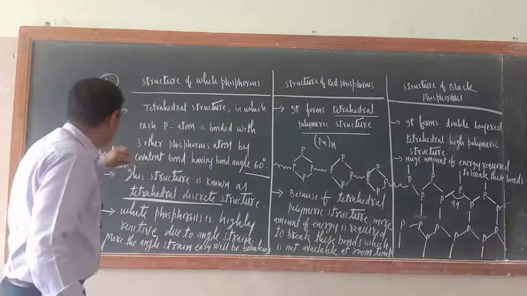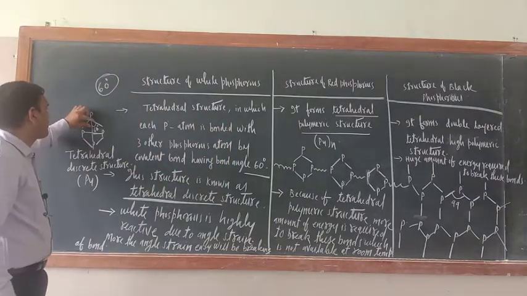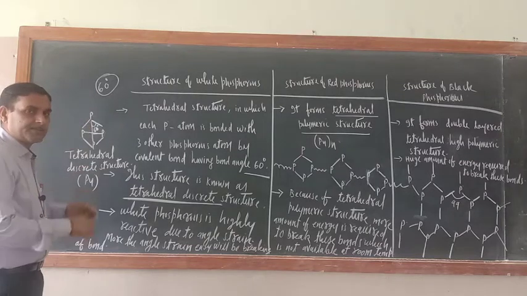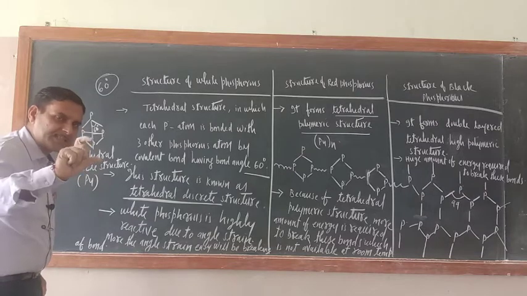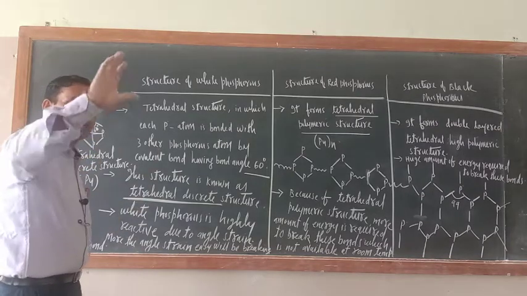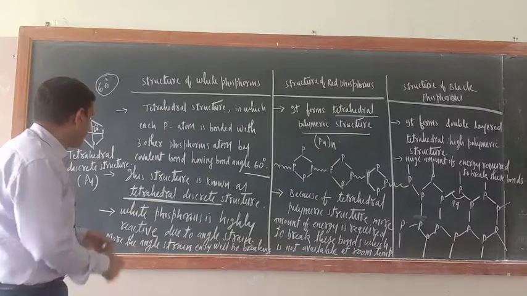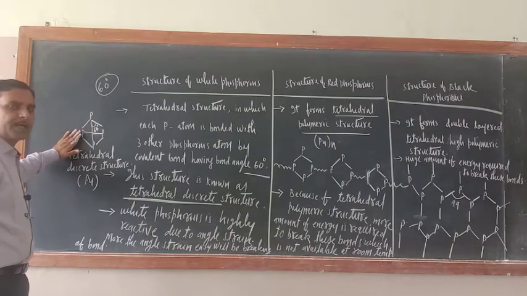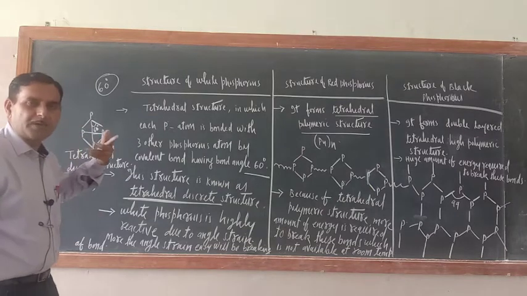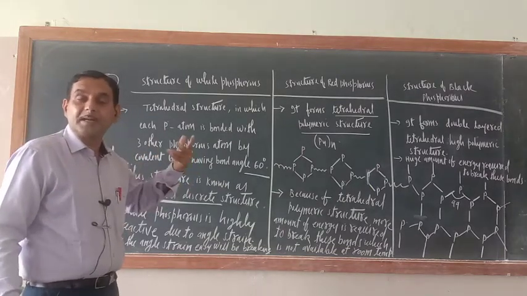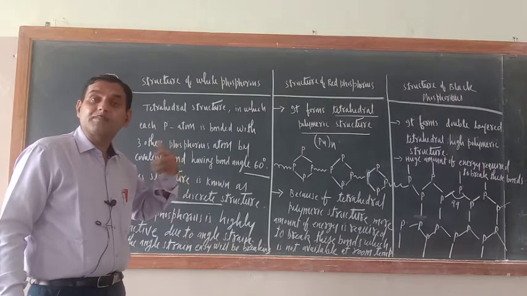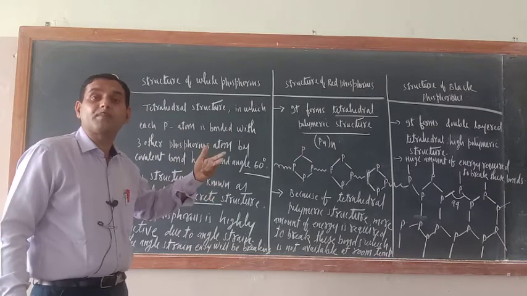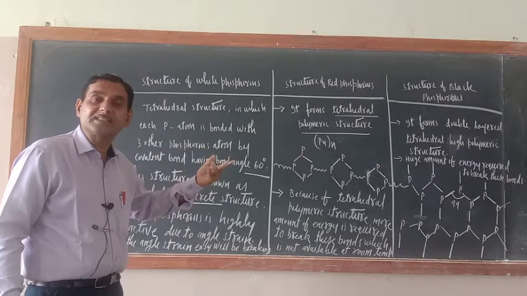Because of this less bond angle, these bonds will feel tension, strain. And because of this strain, they will easily be broken. And once they are broken, the molecule will become reactive. How will you judge the reactivity of any molecule? If its bond gets broken easily, means because of the supply of less amount of energy only its bond gets broken, it means the molecule is reactive.